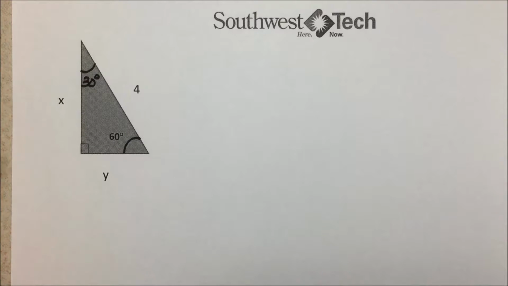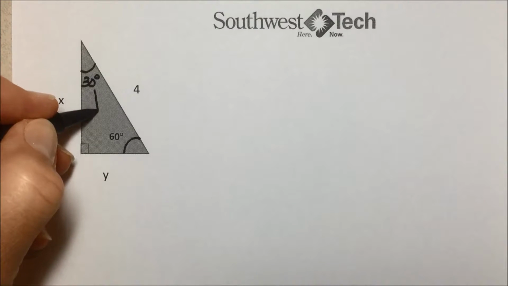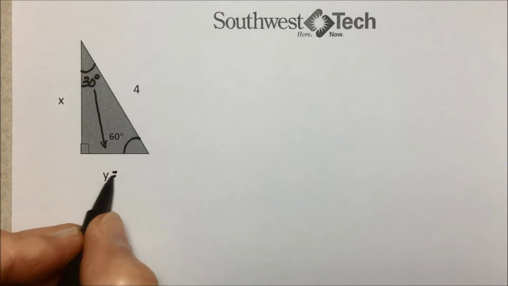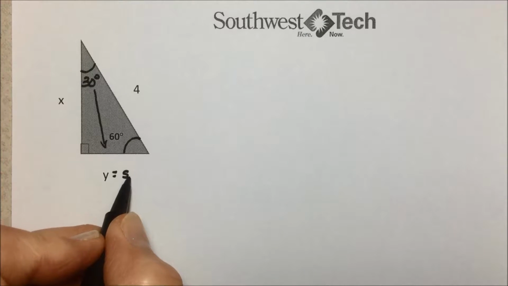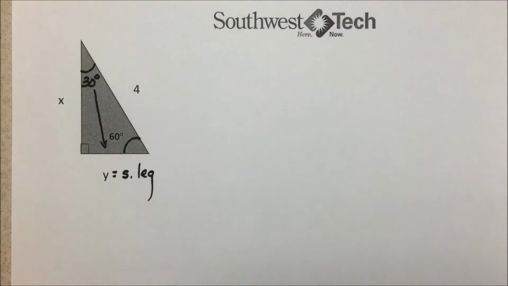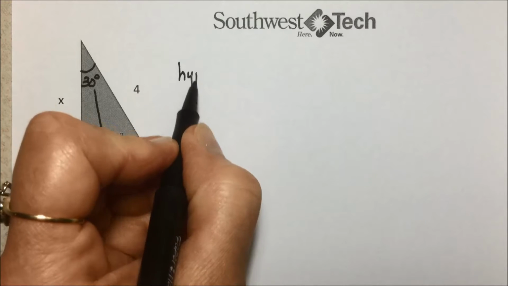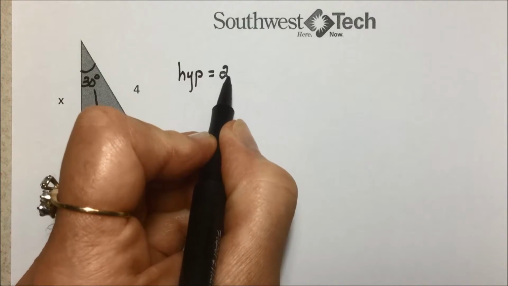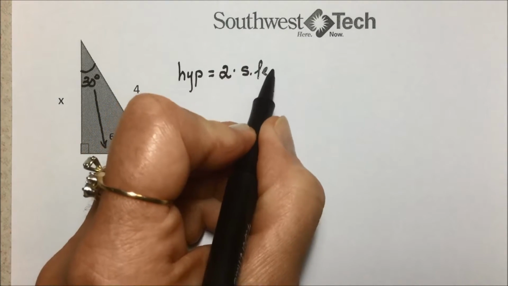To start this problem, to find the lengths of x and y, we're going to identify the shorter leg. And this is the shortest leg because it's opposite the 30-degree angle. In that relationship that we just went through, it tells us that the hypotenuse is equal to 2 times the shorter leg length.